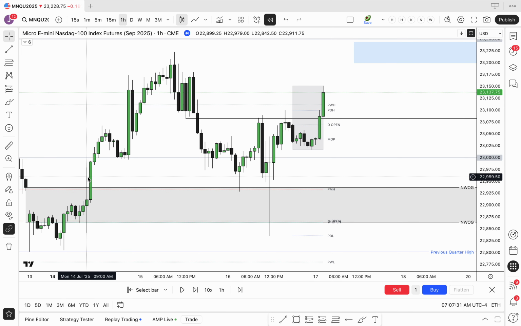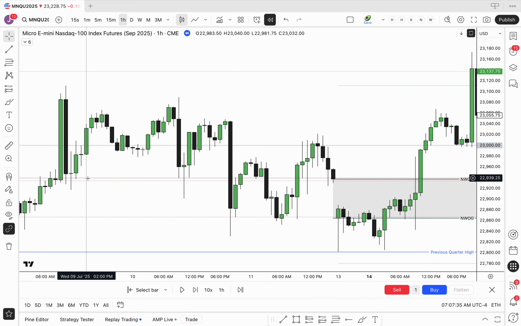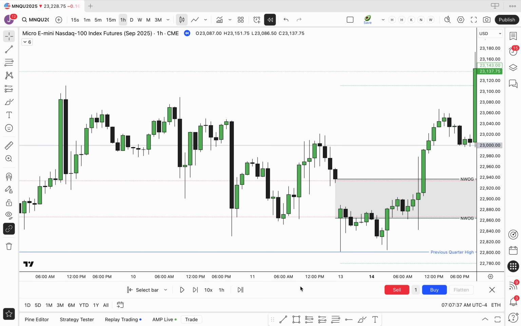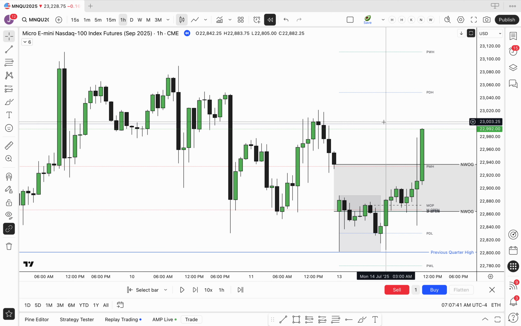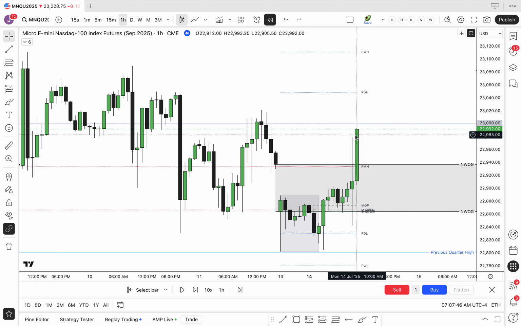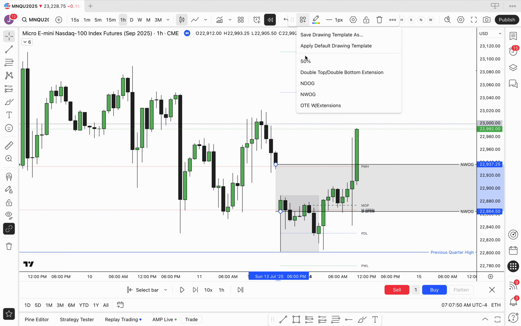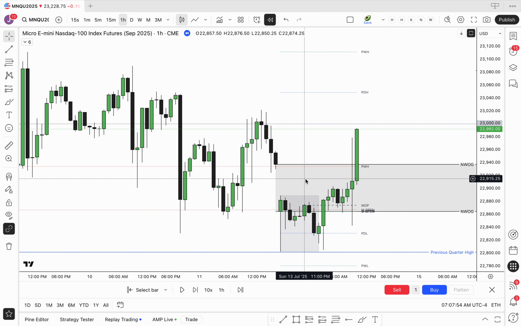Okay, we got above that. So if you look at it from this perspective at the beginning of the week, let's just go here. Once this candle closes here, you would be bullish because this is the discount array you're going to be using, this new week opening gap.